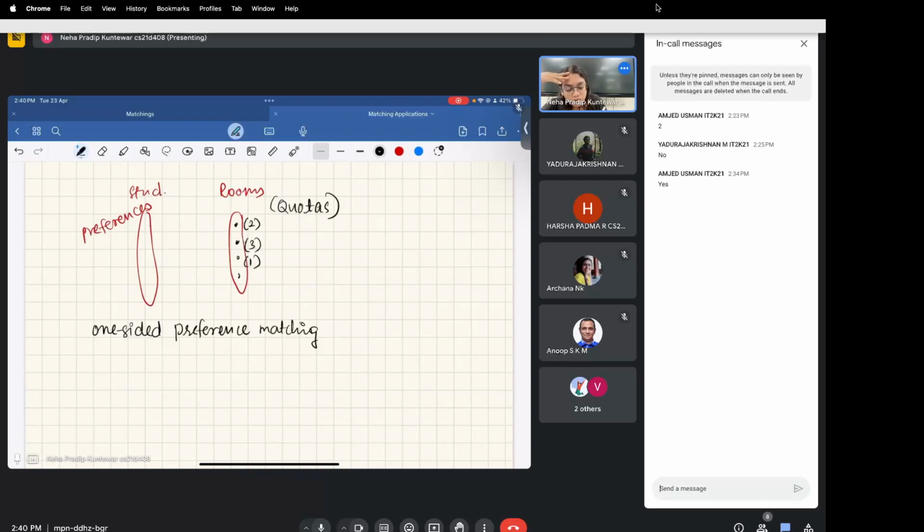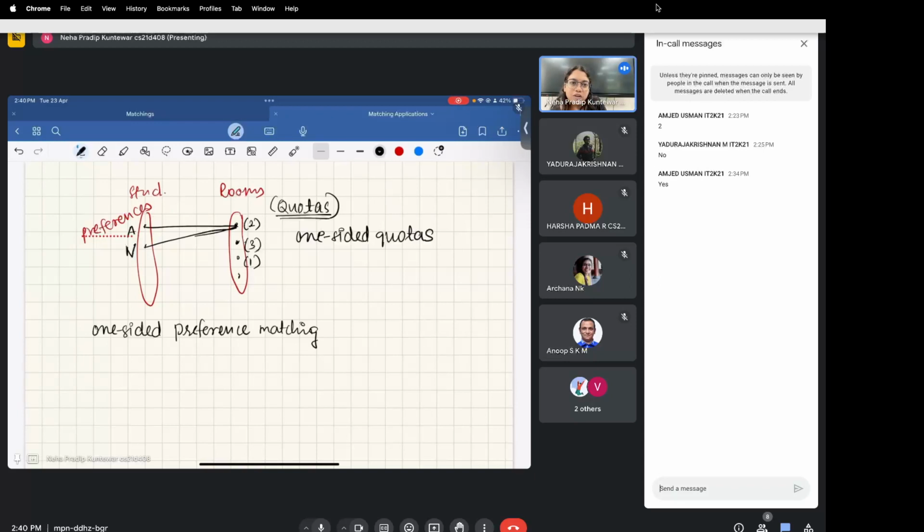In the previous case, either Amjad or Vivek ended up being unhappy. But in this case, since room 1 has a larger capacity, they can both end up sharing room 1 if they prefer that. So these kinds of quotas also come up very naturally. These situations are called one-sided quotas.